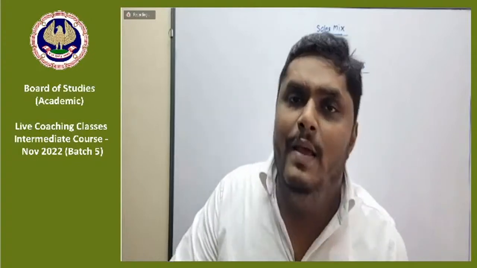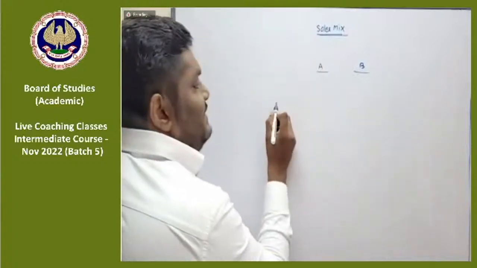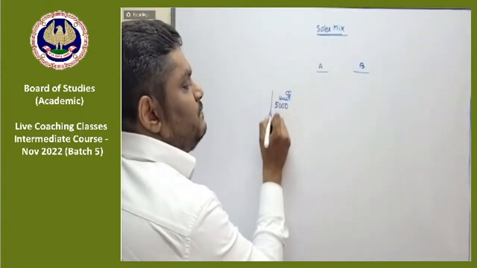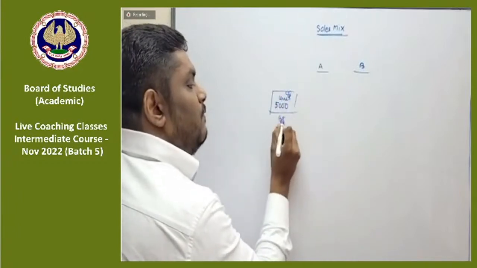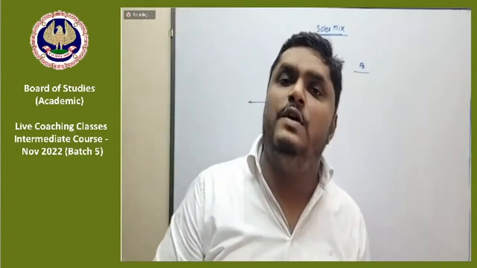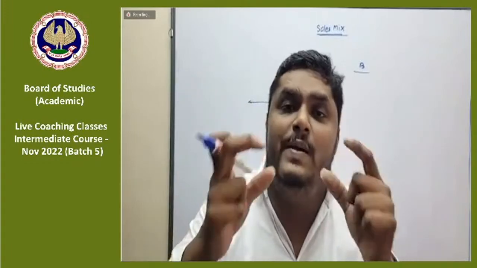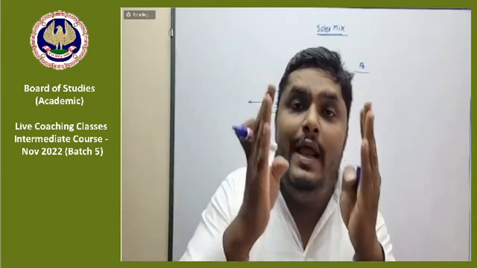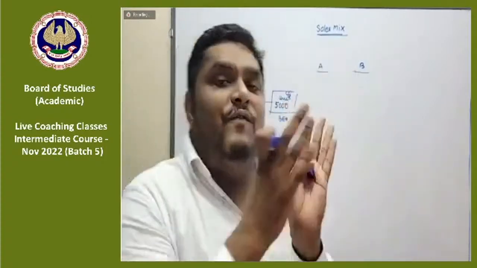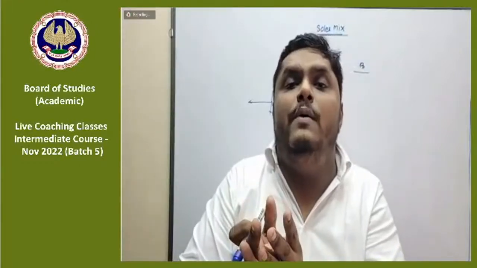I repeat again, break-even point is the point where there is no profit and no loss. So let's say my break-even point is 5,000 units. If my production and sales go below 5,000 units, there is a loss to the company, because after recovering the variable cost we get contribution, and our contribution should be such that at least we can recover the fixed cost.